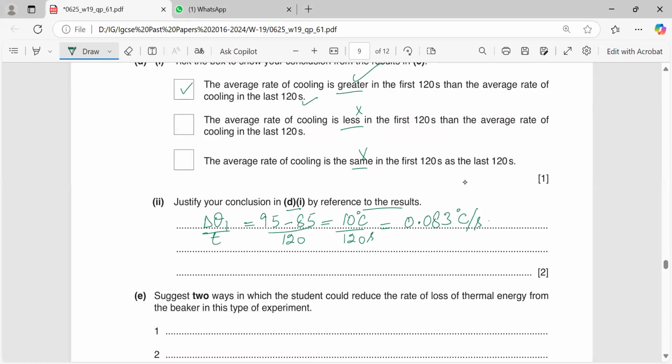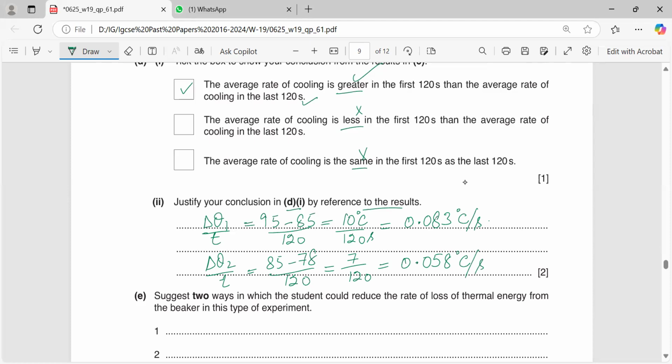Then for the second half, delta theta 2 over T is 85 minus 78, again over 120, so it is 7 over 120. So, my dear friend, it will be very less: 7 divided by 120 is 0.058 degrees Celsius per second.